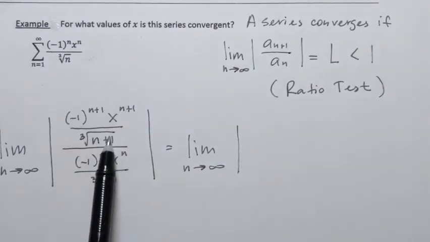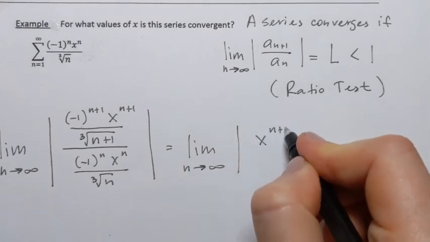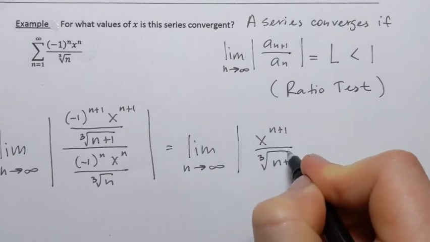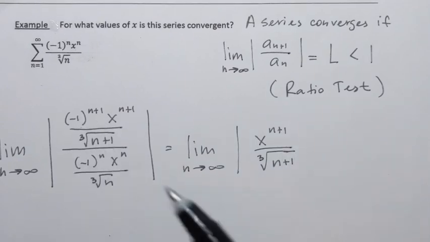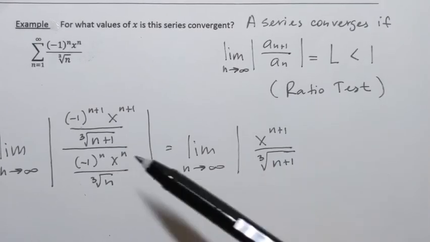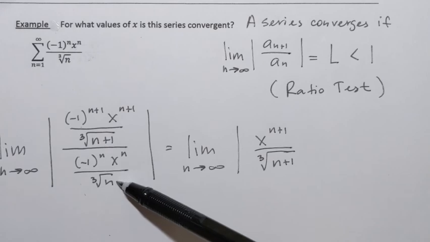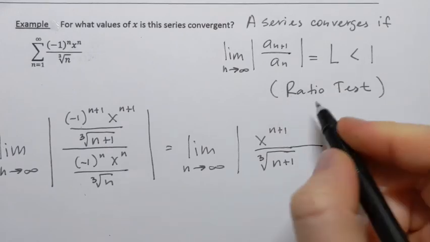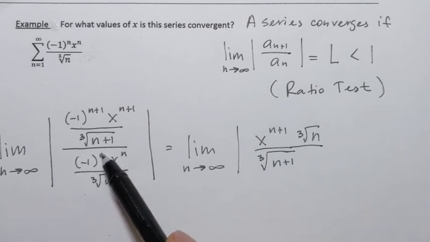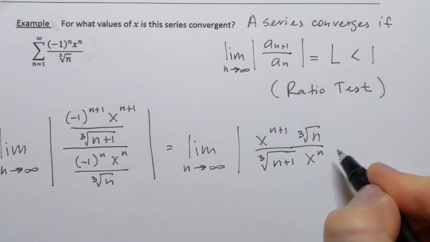I'm going to rewrite the numerator, x^(n+1) over the cube root of n plus 1, and I dropped the -1 that became positive 1. And then I'm multiplying that by the reciprocal of the denominator, which means that the cube root of n is going to be in the numerator. And then (-1)^n goes away, and x^n is in the denominator.